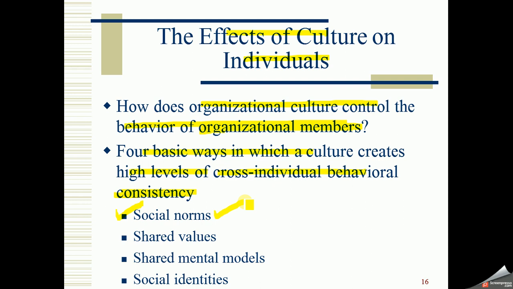Or in a public transport, it is a norm in many cultures that if there is an elderly or a differently enabled person, then a normal person will leave the seat for a differently abled person or for an elderly person. These are social norms. So, social norms are one of the most important driving factors in the individual behavior, right?